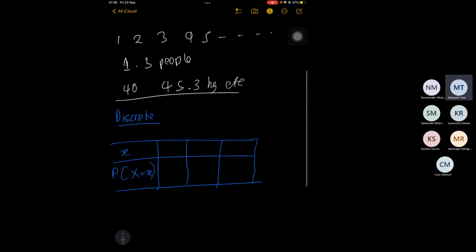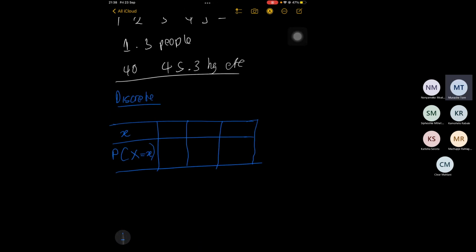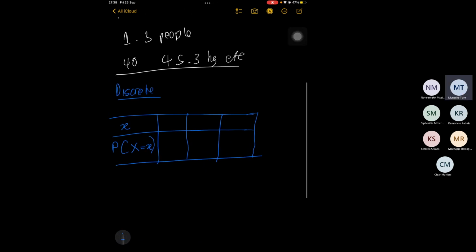Before we look onto this, one thing you also have to know is whenever you're dealing with discrete random variables, the function that is used to model this is called a probability mass function, a PMF.